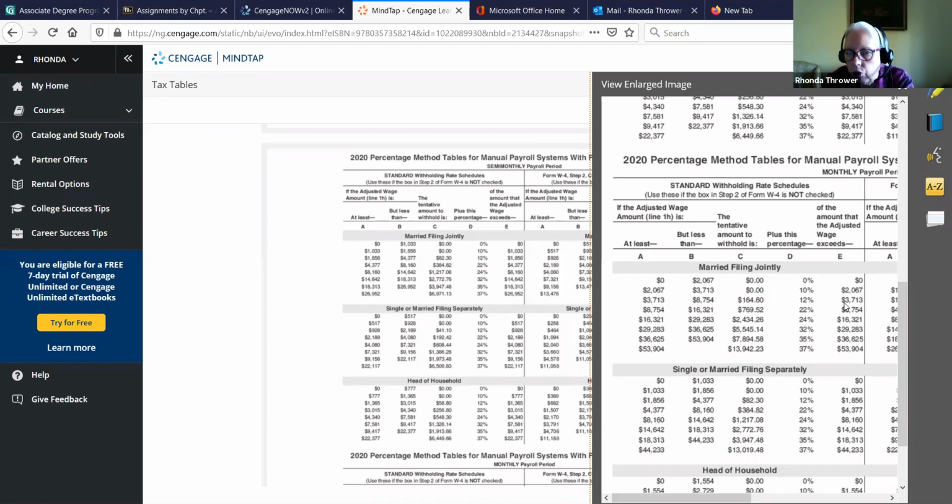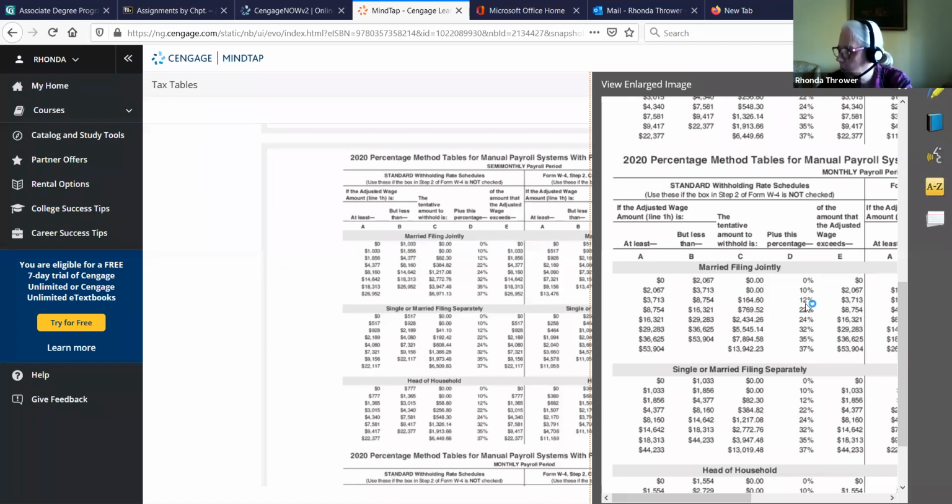And the amount that I'm going to subtract from his wages is $3,713. So $3,713 is going to be deducted from his salary of $8,120. We're going to subtract $3,713 from that. That's going to give us $4,407 that we're going to multiply by the tax rate of 12%.